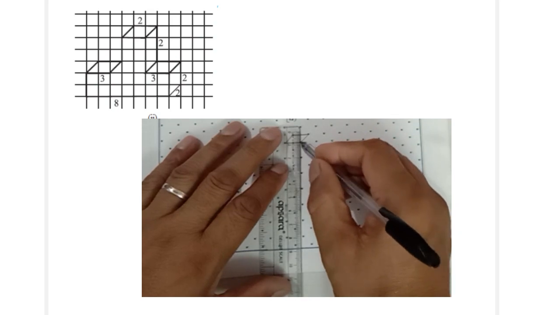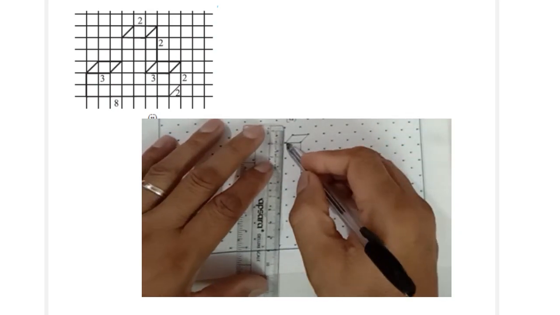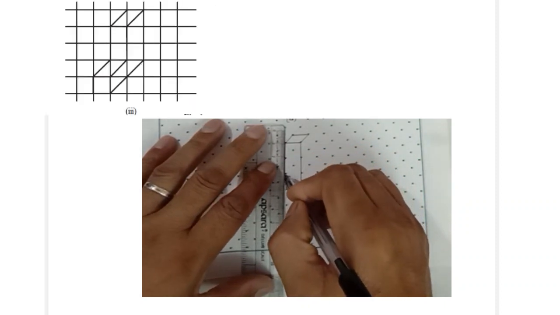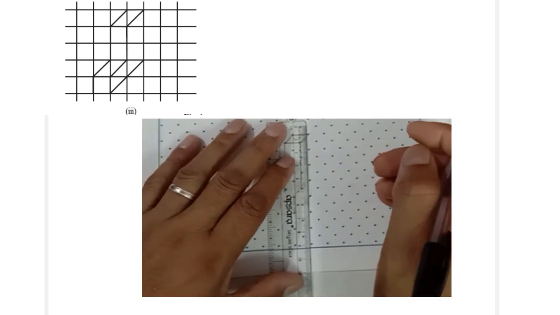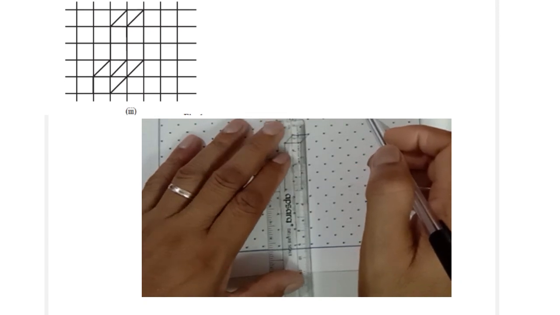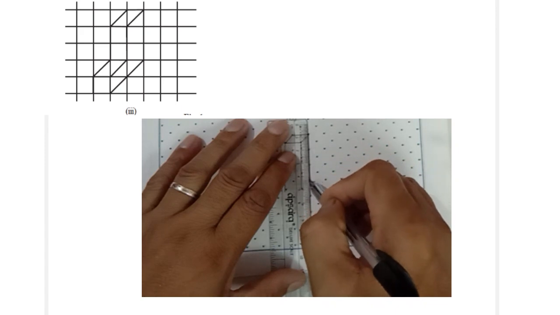There 4 units, that is 1, 2, 3, 1, 2 and 3. Here 4, 1, 2, 3, 4.